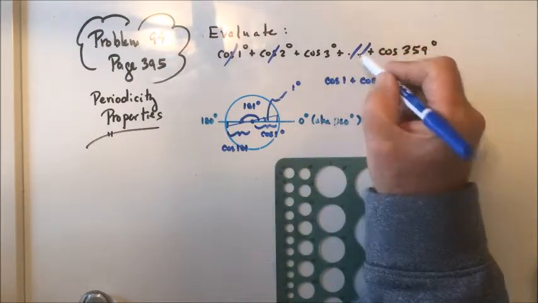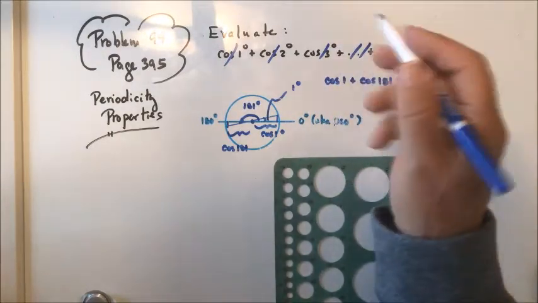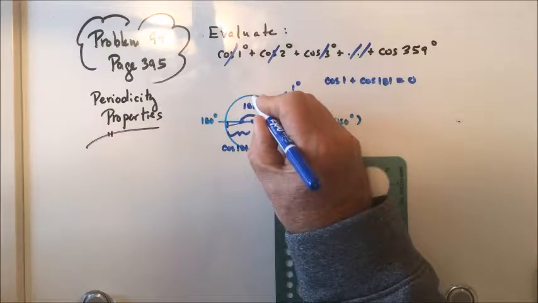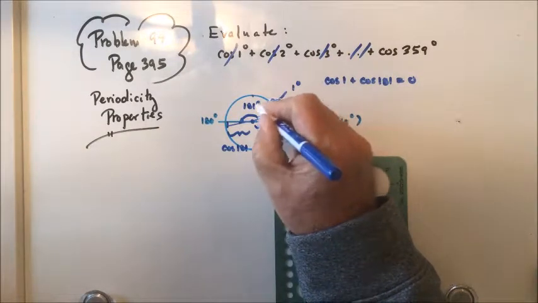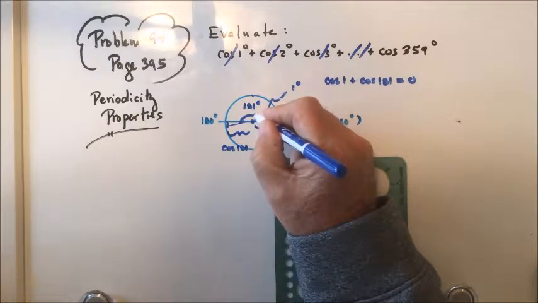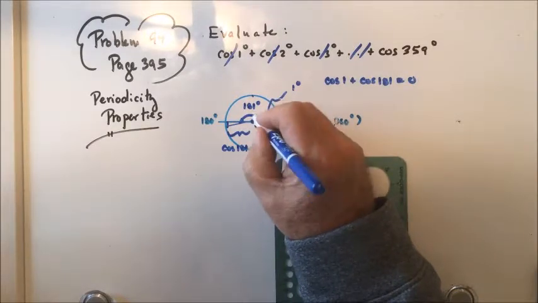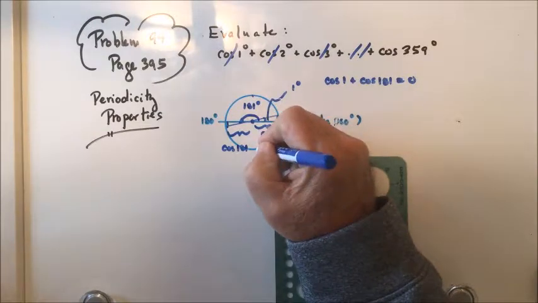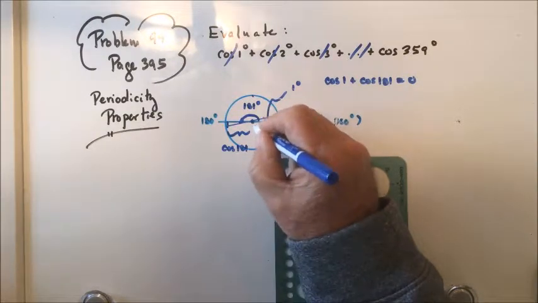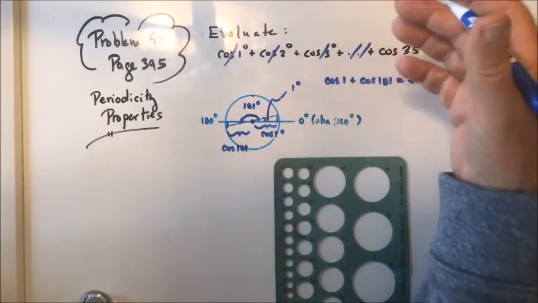They're going to add up, and we're going to cancel that. Cosine 3 is going to cancel with 183. If I go up to cosine 90, it's 0, so is cosine of 90 plus 180. They're both 0, but for cosine 91 and 271, this cosine is negative, this cosine is positive. So these things just continue to cancel.